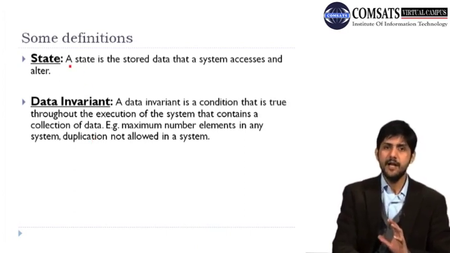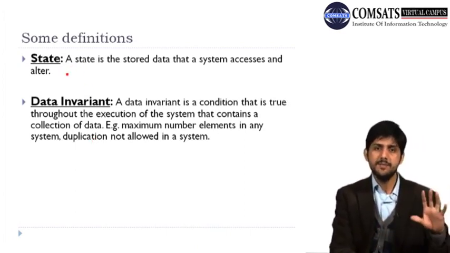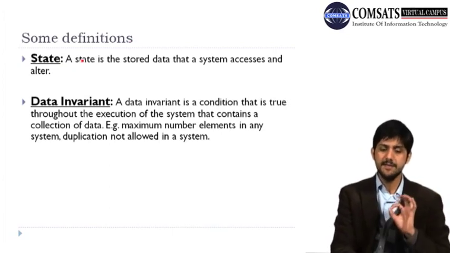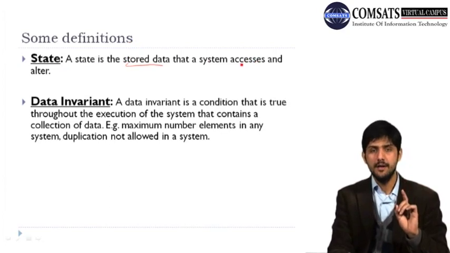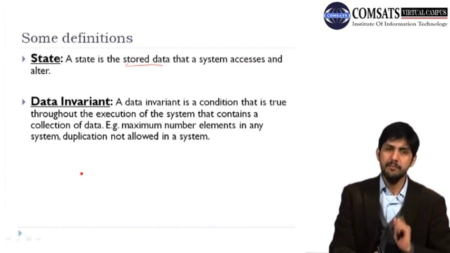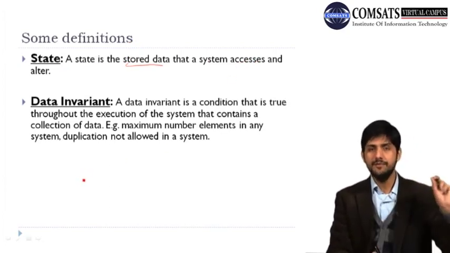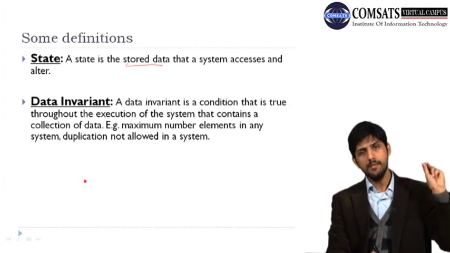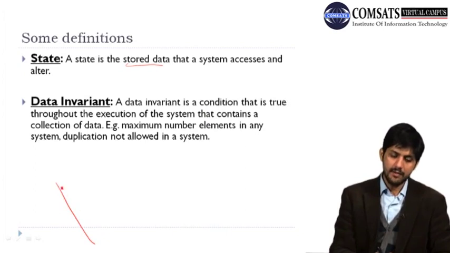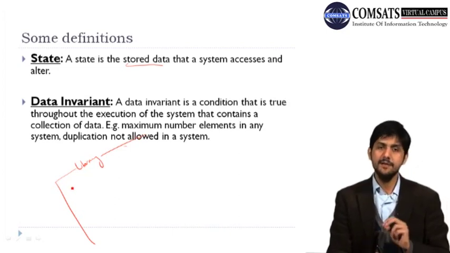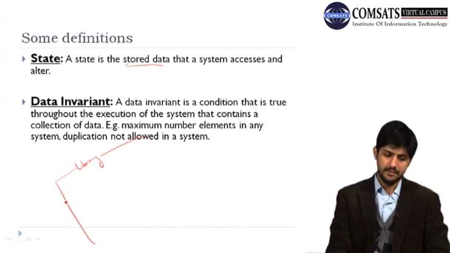So this definition actually helps us understand that library management system example more clearly, that a state is the stored data that a system accesses and alters. So if you remember, when we were defining the state of our library management system, then in the main schema, which was library, we defined the state of the system using two main variables.